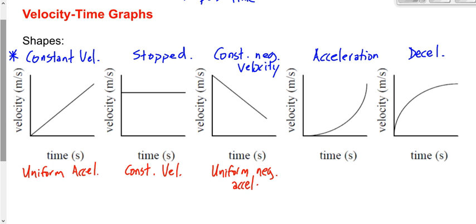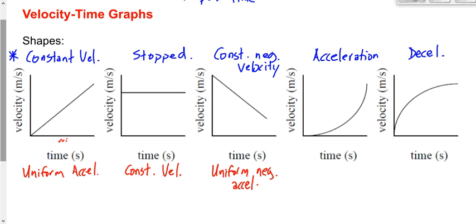If we look at graph number 1 over here, this would represent putting your foot on the gas pedal of your car, accelerating, speeding up at a normal uniform rate, keeping your foot on the gas pedal in the same place. The fourth graph would represent you putting your foot on the gas pedal just a little bit, speeding up, but then as time goes by, you keep putting your foot further and further down on the gas pedal, so that not only does your speed increase, but the rate at which your speed increases.